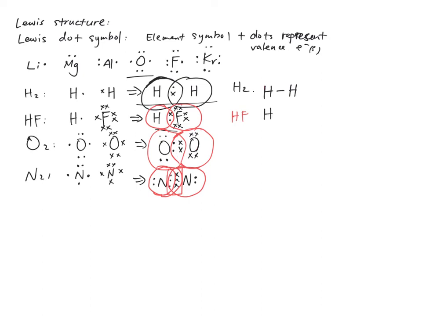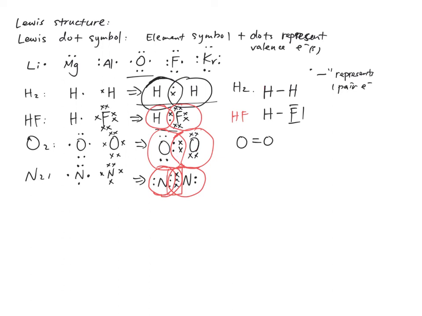So each pair of electrons is replaced by 1 dash. Each dash represents one pair of electrons.